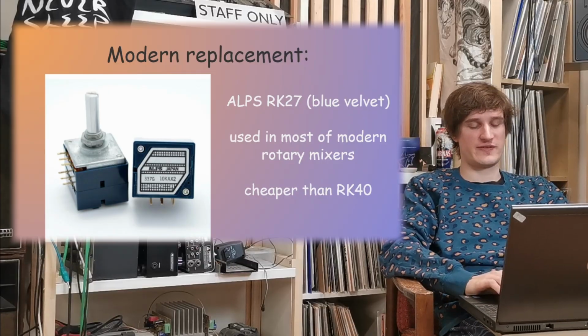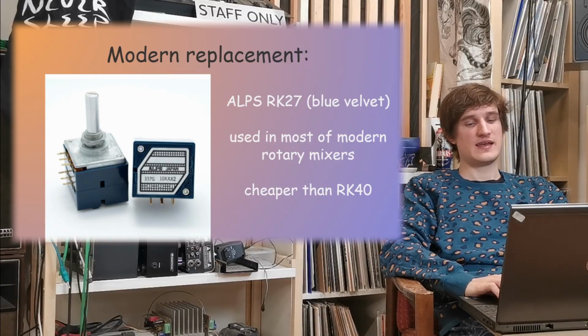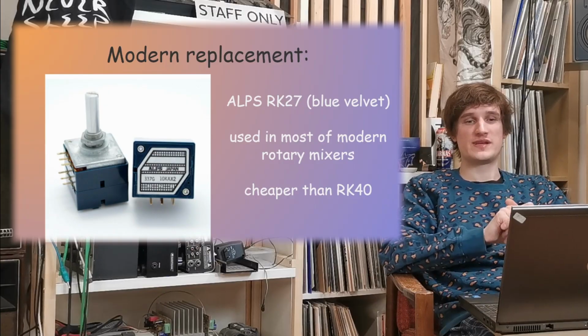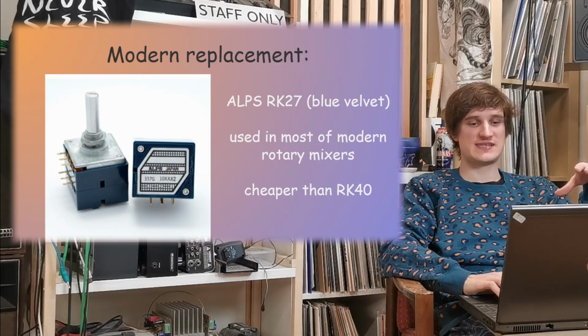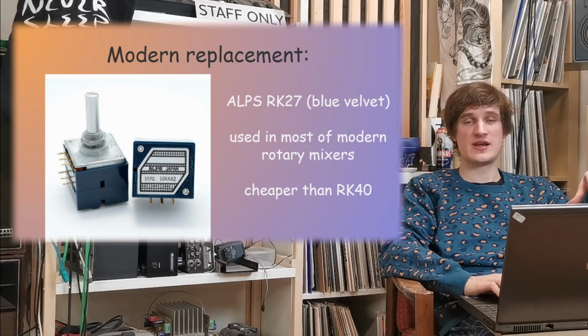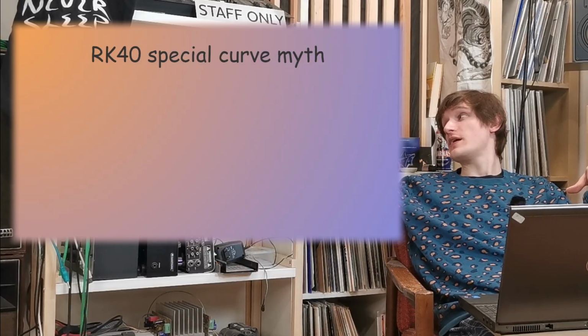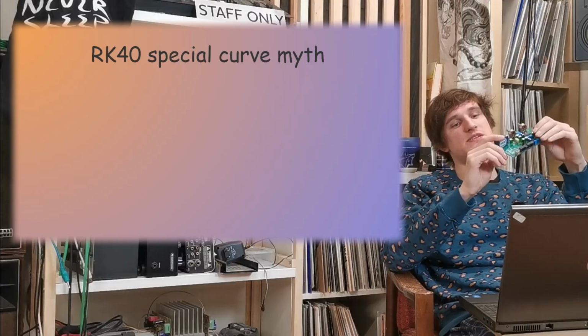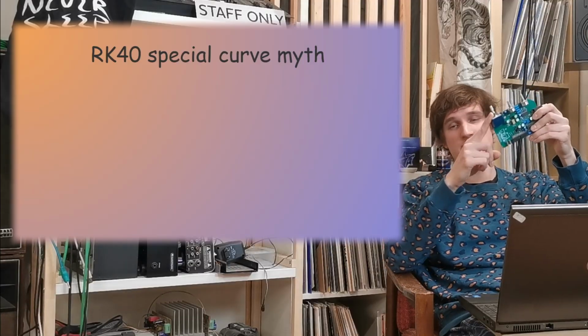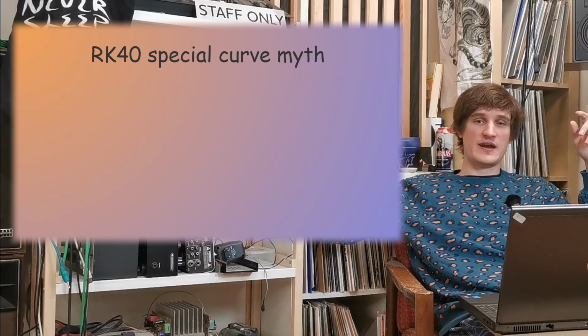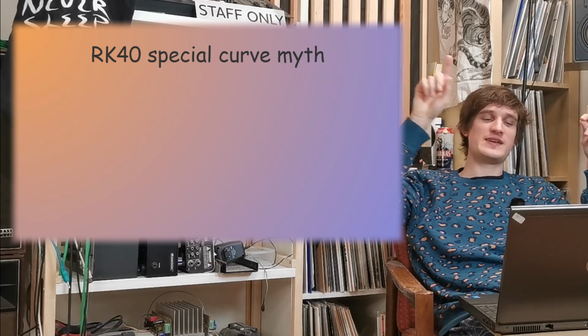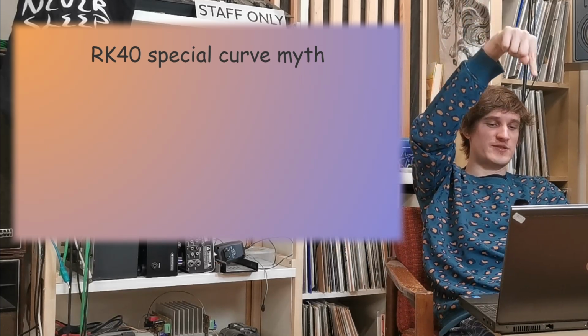I measured the curve of the Alps RK27, even in two mixers. I measured the Alps RK27 used in the Condesa mixer, and I measured also the Alps RK27 used in my mixer, and I compared the curve with the legendary RK40, and those are the results.